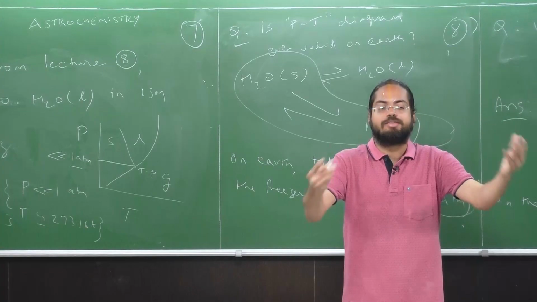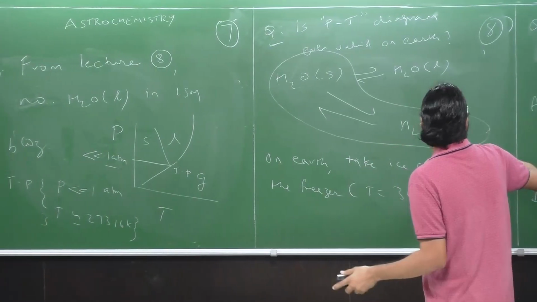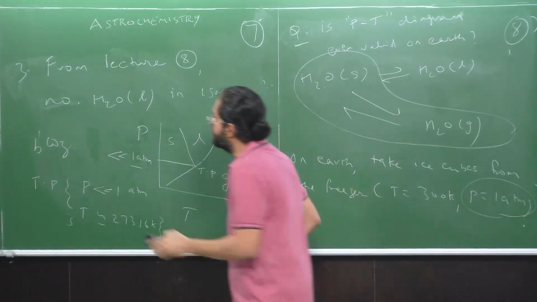And what does it teach us again? What is the moral from this question? The concepts that it teaches are, I will delete the whole phase diagram now that we don't need it.